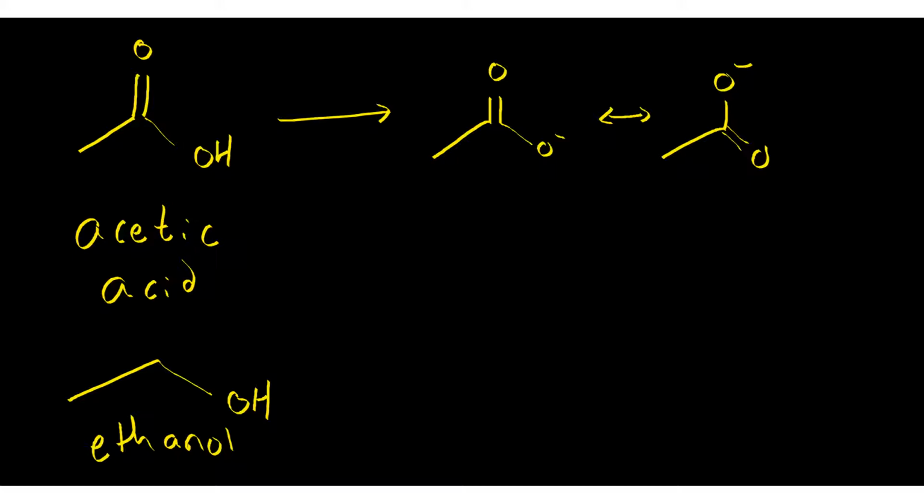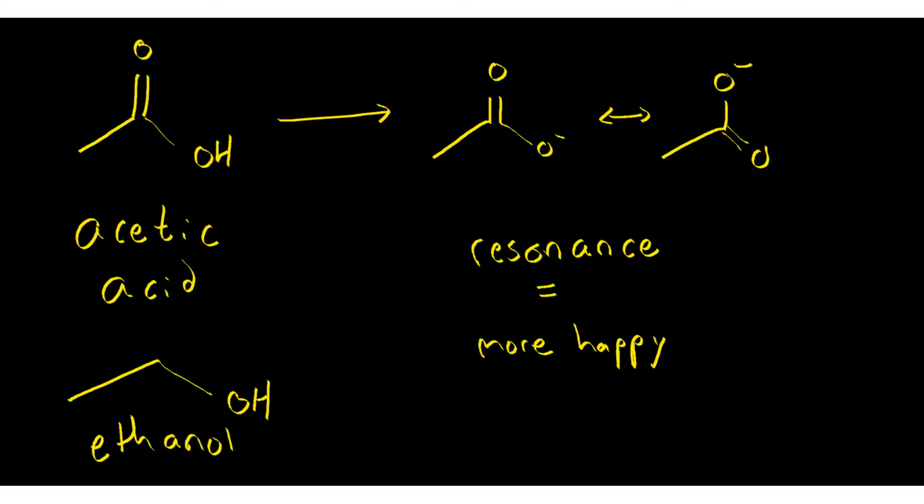One oxygen is double bonded, the other oxygen is single bonded with a negative ion. And those two forms exist at the same time. That's resonance. And resonance makes molecules happy. So because all the carboxylic acids have that carbon double bonded to oxygen, single bonded to OH, they all have access to that resonance. That's why they're called carboxylic acids. They're all weak acids. Ethanol just doesn't have that.